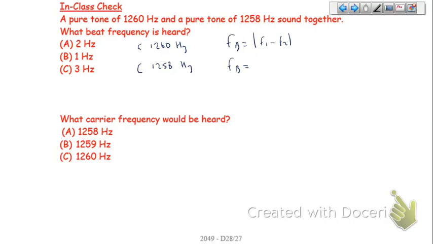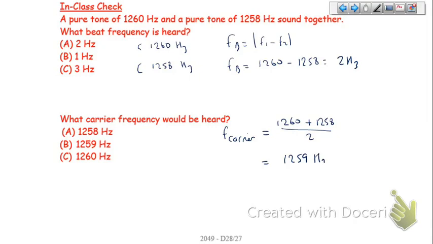F beat is equal to 1260 minus 1258, which equals 2 hertz. What's the carrier frequency? That's the sound that you hear, the hum pitch. It is the average: 1260 plus 1258 over 2, which equals 1259 hertz.